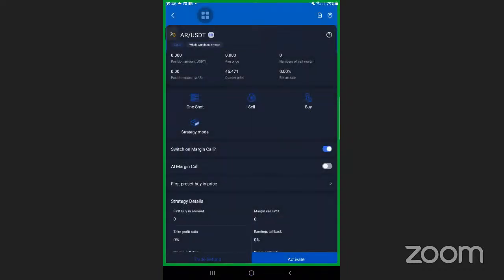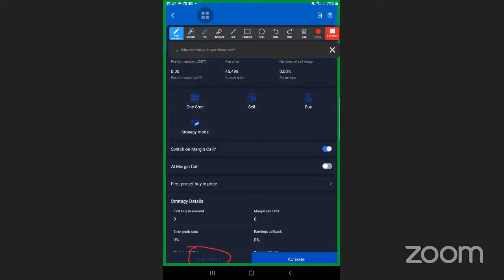So we are here on this coin called AR. Now, for us to be able to start editing anything in this AR coin, we need to land on the trade settings.